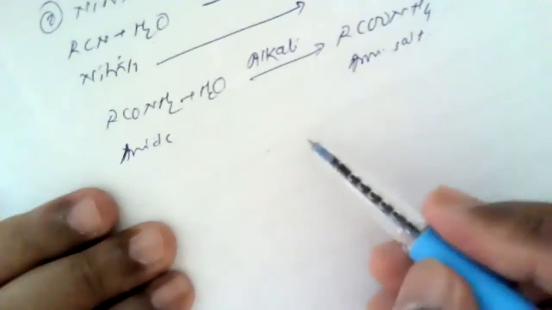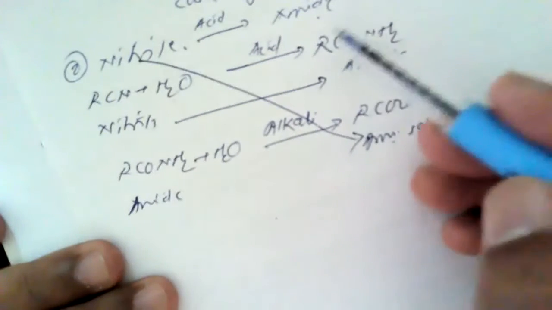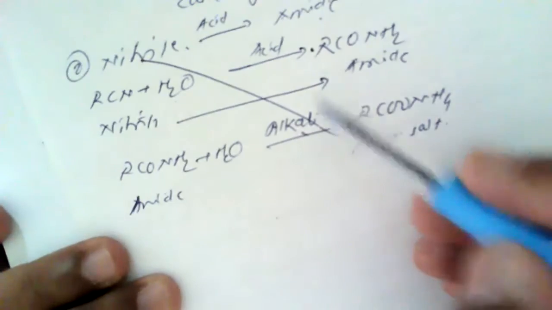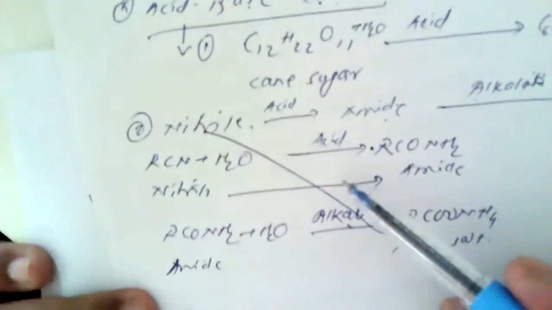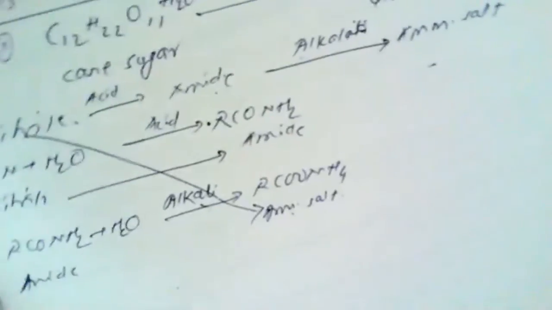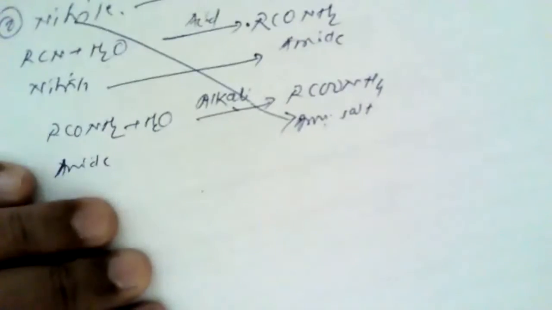This is possible in presence of alkali. So the conversion of nitrile to ammonium salt, where the first step is acid and the other step is alkali, is known as an acid-base catalyzed reaction. So those reactions which are catalyzed by acid are known as acid catalyzed reactions, and those reactions which are catalyzed by base are known as base catalyzed reactions.